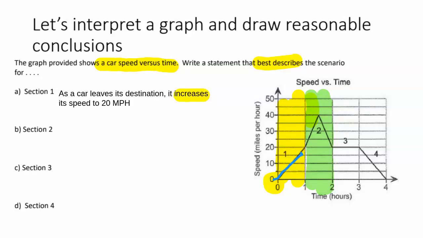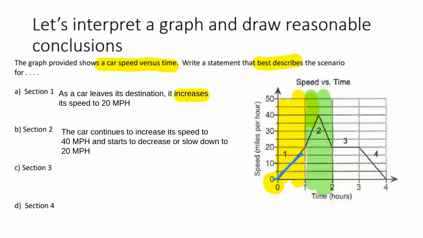The car continues to increase its speed to 40 miles per hour and starts to decrease or slow down to 20 miles per hour.